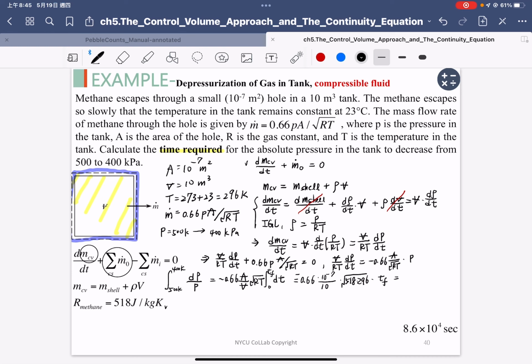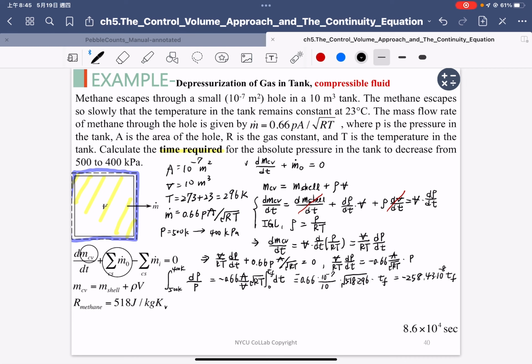Okay, and so that will equal to minus 258.43 10 minus 8 powers TF.